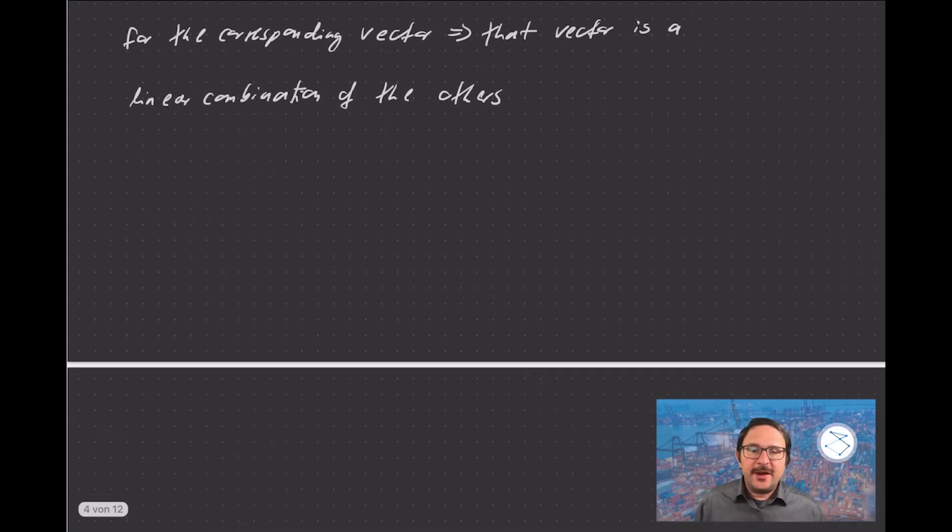So linear dependence means at least one of the vectors can be expressed as a linear combination of the others.